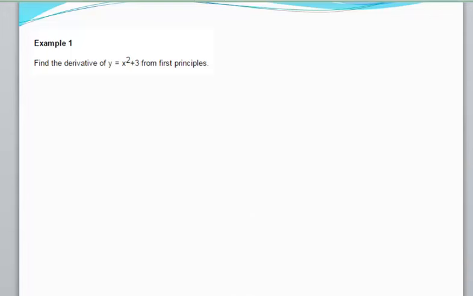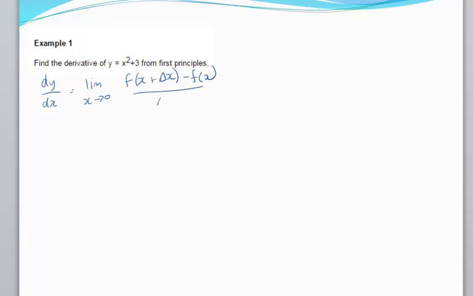So we want to find the derivative of y equals x squared plus 3 from first principles. Our formula for the derivative, we'll write that down first: dy on dx is the limit as delta x approaches 0 of f of x plus delta x minus f of x, divided by delta x.